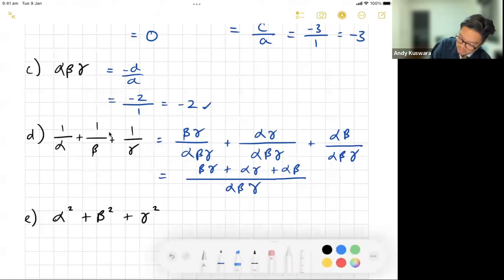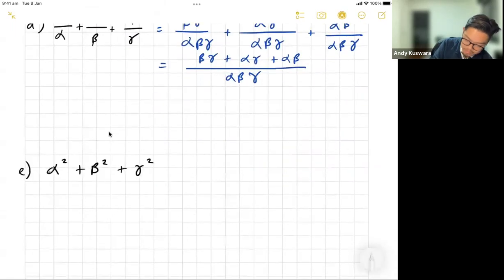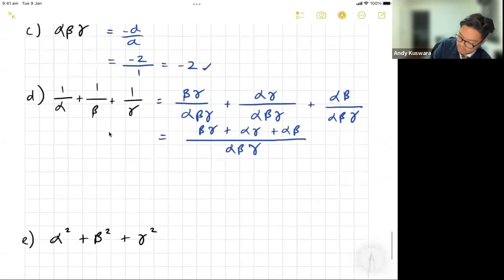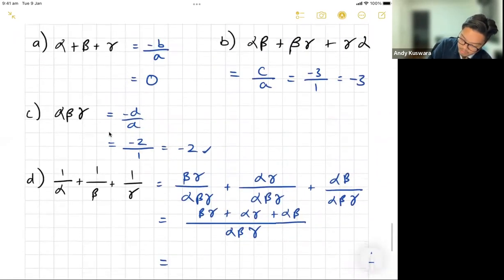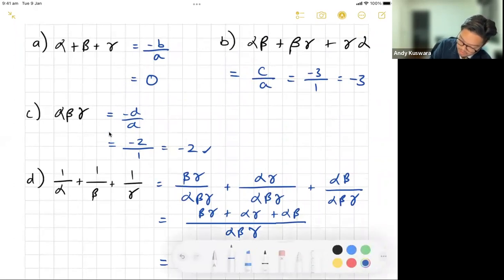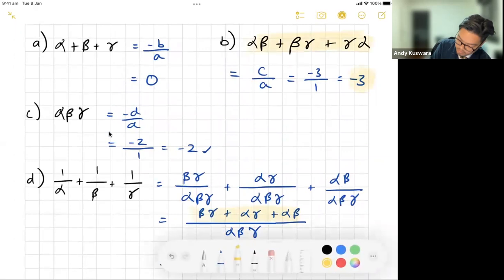Now that's starting to look a little bit more familiar, right? Because we've already done the hard work. That top one there is actually going to be the same as this guy here. So let me highlight. Right, this top one here is going to be the same as this one here, which we found out was minus 3.